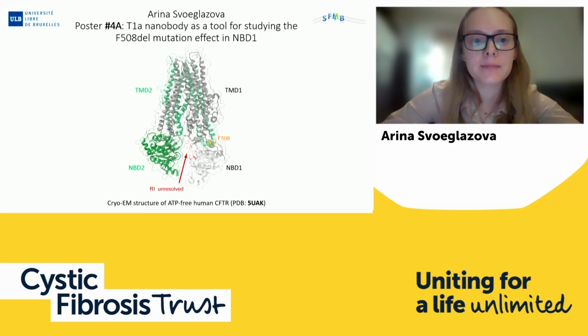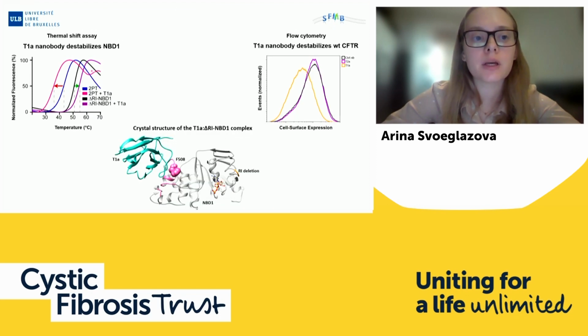Next slide, please. Some time ago in our lab, we developed a library of nanobodies against human NBD1, and among them we found one which destabilizes the domain. This is the T1A nanobody, and on the left side of the slide you see the graphic of the thermal shift assay, and with the red arrow the destabilization of NBD1 upon binding of T1A is shown.